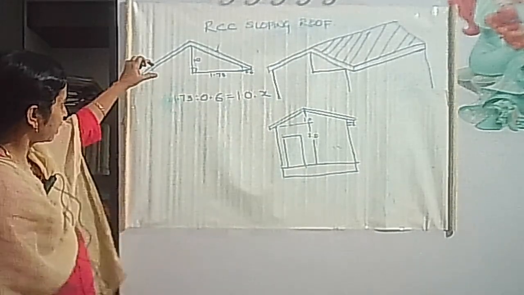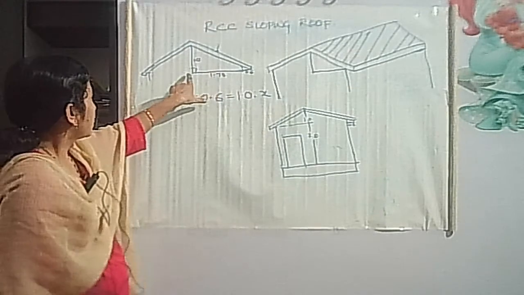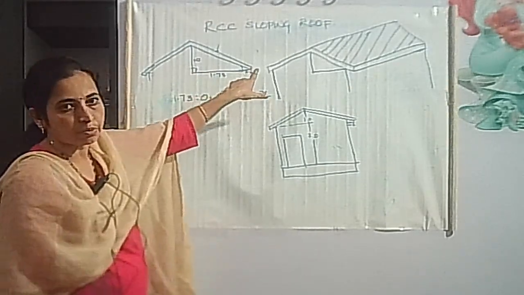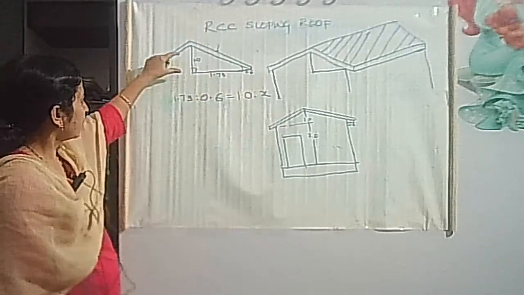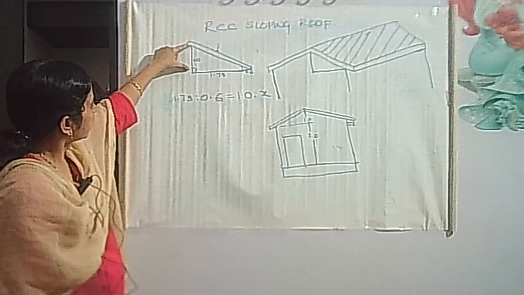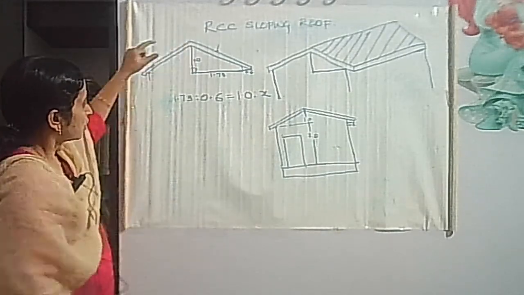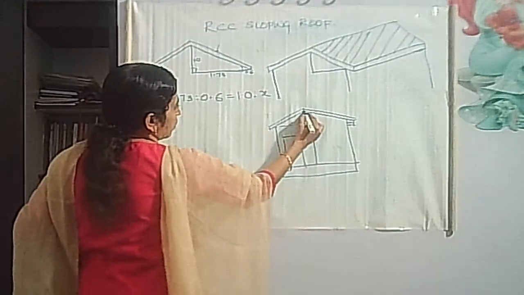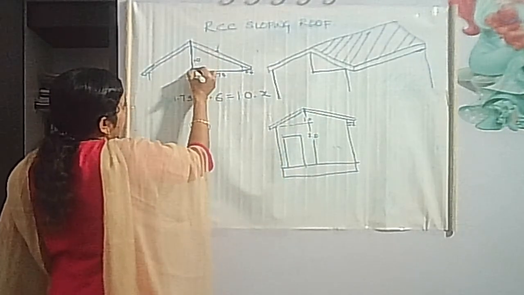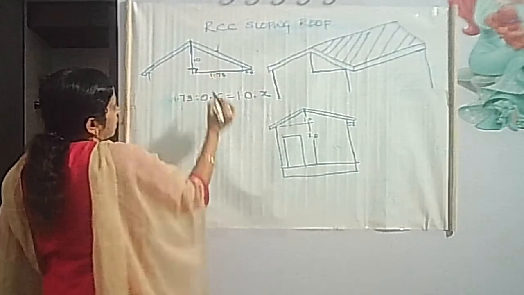So, what I have done is, this is 1.73, you have the 0.6 eaves projection. Same way we have the distance 1 meter, we have here 1 meter. So, up till here we are taking the 1 meter. So, we have 1 meter is this distance, how much is this distance?